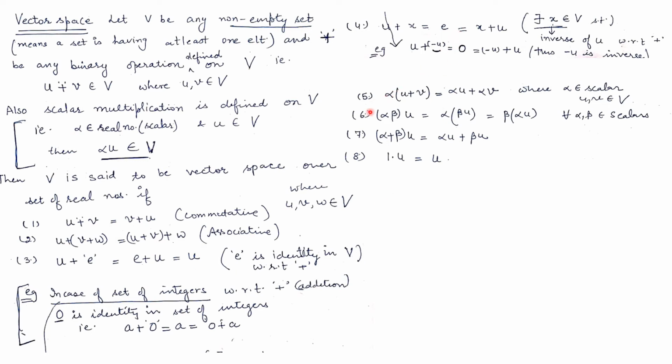Now fifth, sixth, seventh, eighth properties, these are with respect to the scalar multiplication. So with respect to the scalar multiplication, it should be distributive.